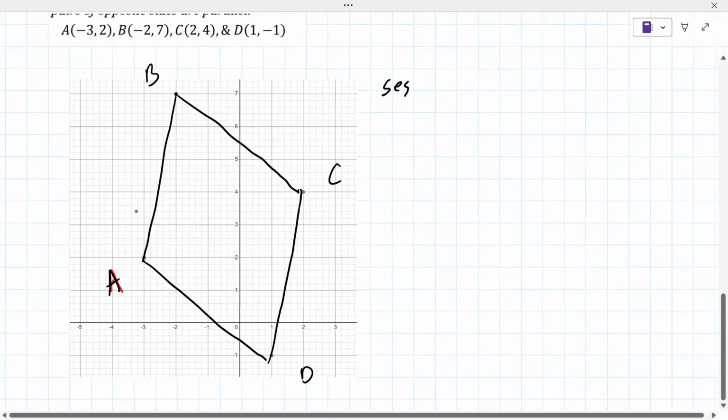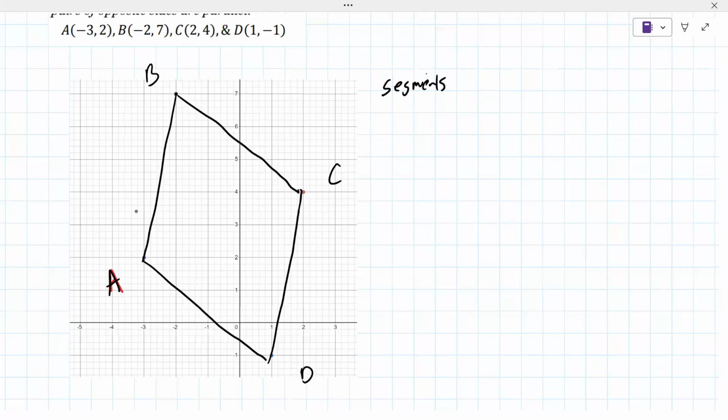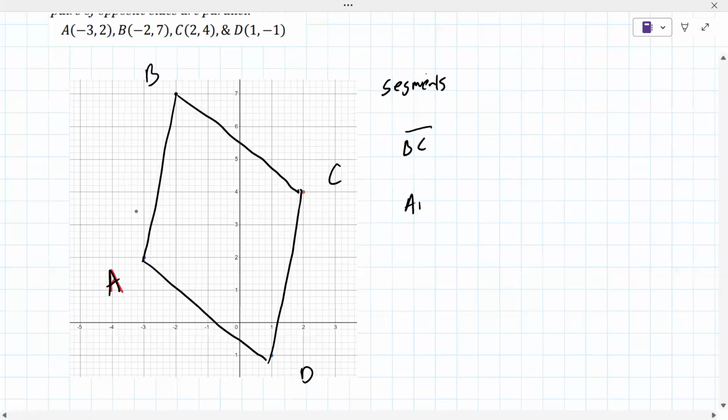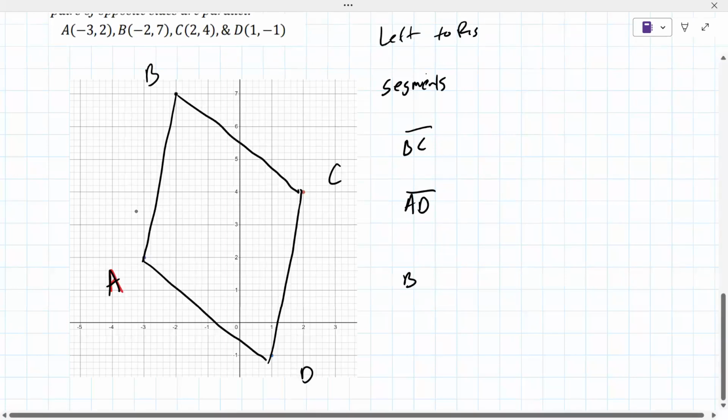So give me the four segments, going from left to right. B to C, A to D, B to A, and C to D. Left to right, B to A is not left to right.